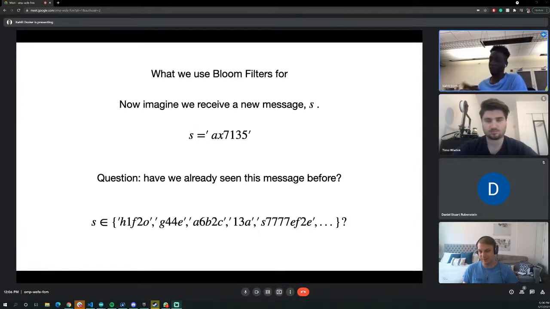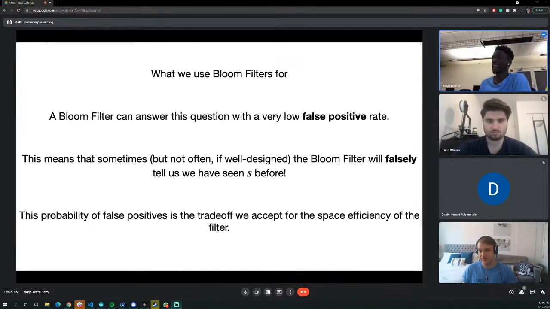That's what a Bloom filter is going to answer for us. And it answers that question for us, but this goes back to the randomness again, with a very low false positive rate. What this means is that sometimes, but ideally, if you design it well, this shouldn't happen often, there's a possibility that the Bloom filter is going to give you the wrong answer.